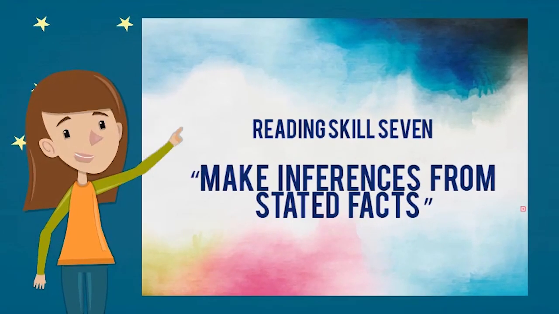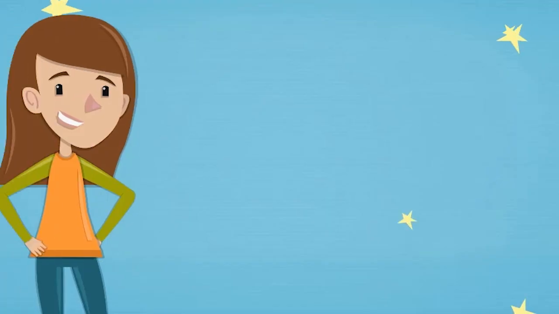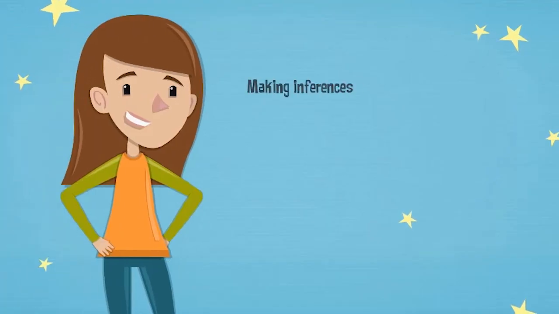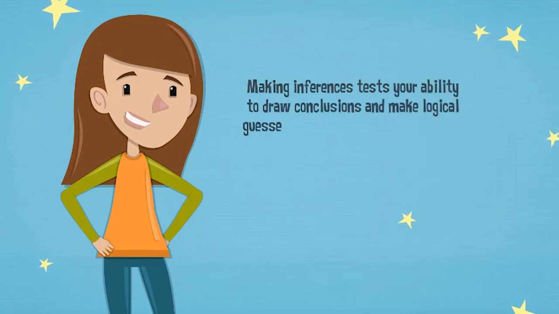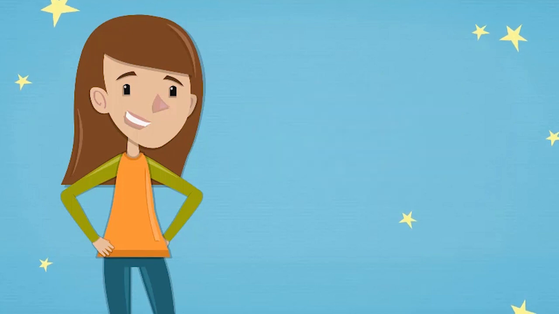Now let's continue with the next type of question, which is inference. Reading skill 7. Make inferences from stated facts. Making inferences tests your ability to draw conclusions and make logical guesses about information that is not directly in the text. The frequency per reading passage on the test is from 1 to 3 questions.